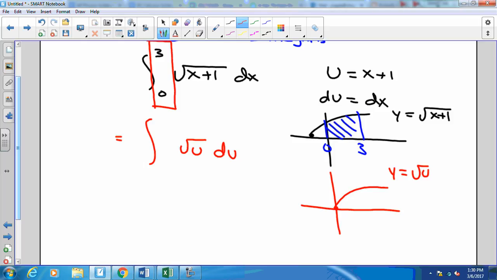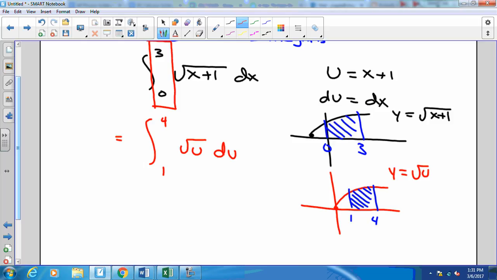When I do, not only do I shift the curve over, but I also shift the limits of integration over, so that my limits of integration are no longer 0, 3, but now they are 1, 4. And here I argue geometrically that these limits of integration would be transformed from 0 to 3 into the interval 1 to 4.